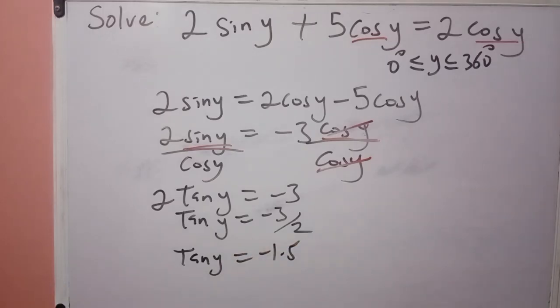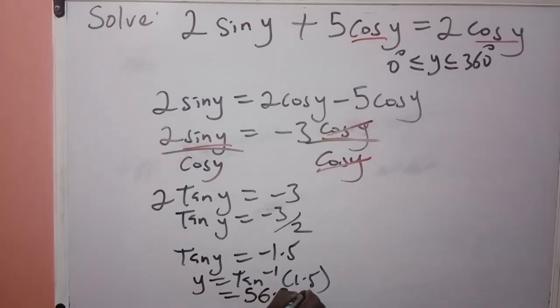As I told you already, what you do next is to find y being equal to arctan 1.5. In this case, you ignore the sign, and then you get your y as 56.309. So that's the value for your y.